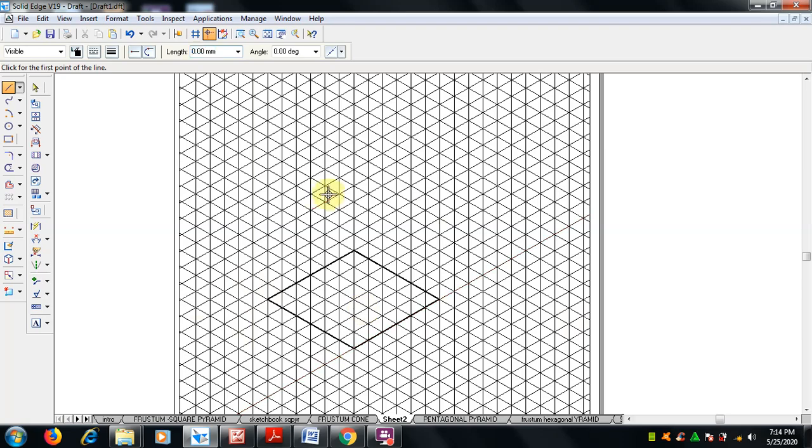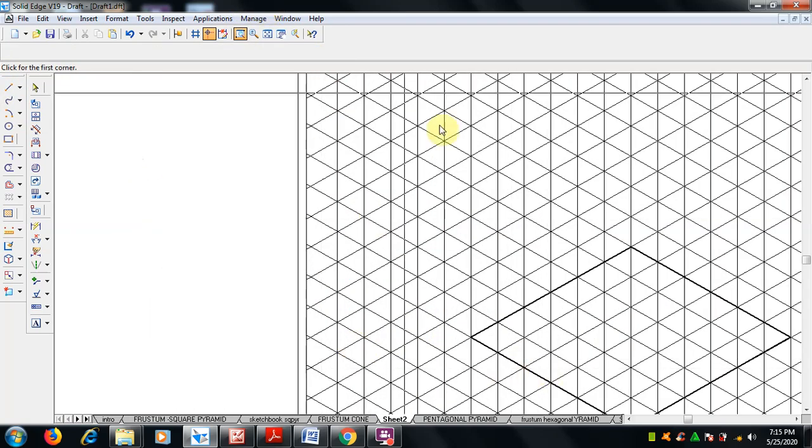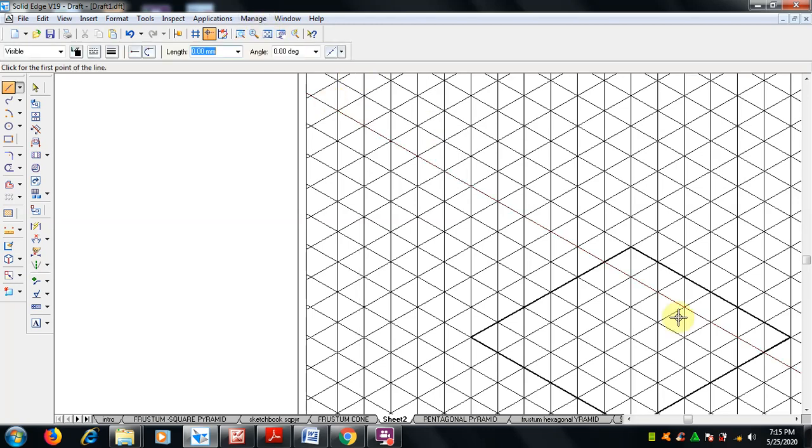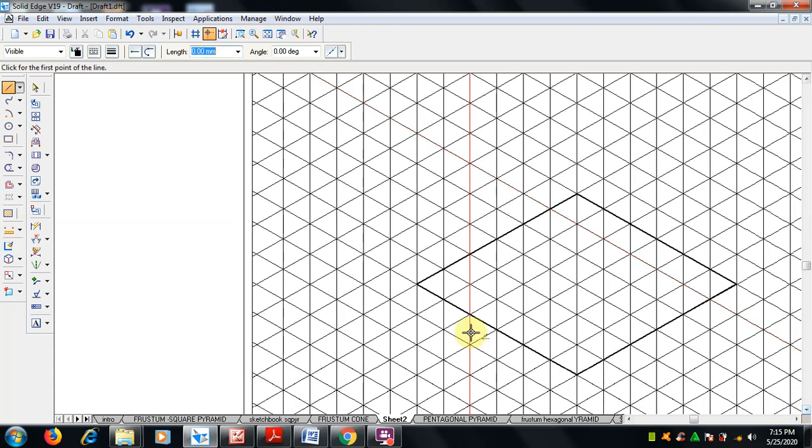Okay, so the base is over. Now how to draw the circle here? Already we know in the cone, similar way we are going to do. For that we need to draw lines. So here from this corner I am going to draw a line from here to the midpoint.